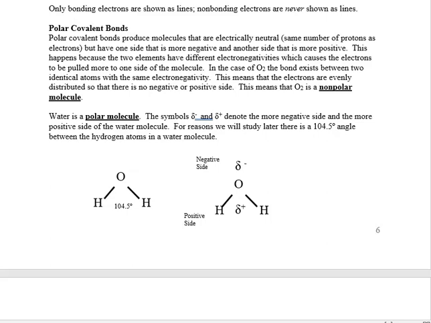In other words, towards the atom that's the more electronegative. It's going to pull harder on the electrons. In the case of O2, the bond exists between two identical atoms with the same electronegativity. This means that the electrons are evenly distributed so that there's no negative or positive side. This means that O2 is a nonpolar molecule.